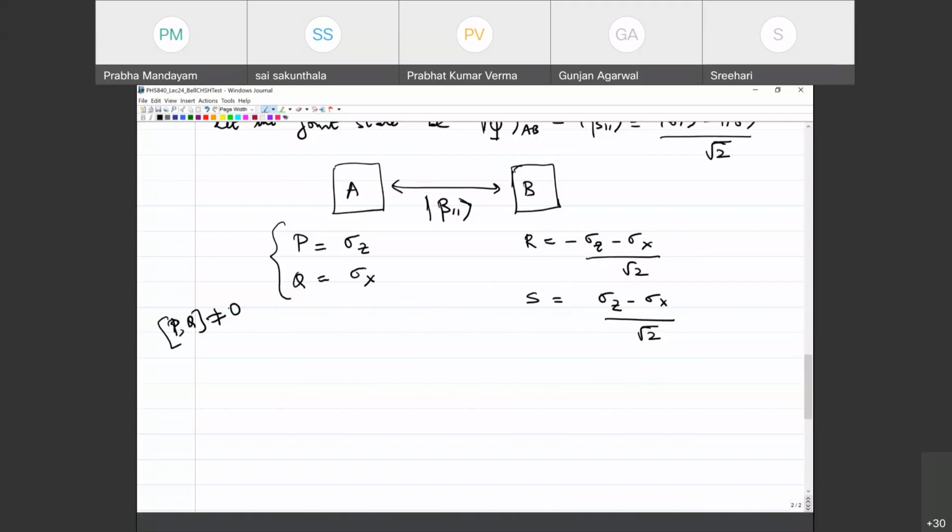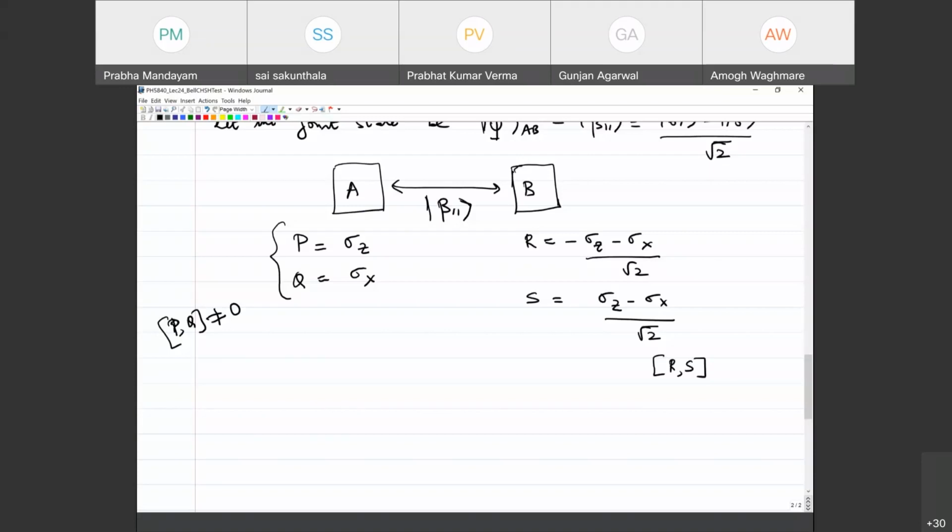What can you say about the commutator of RS? Is it 0 or non-zero? It's 0. Why is it 0? There will be a commutator of sigma Z and sigma X plus a commutator of sigma X and sigma Z. Do they come with the same signs?